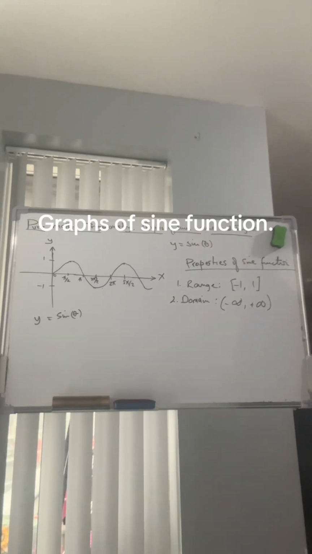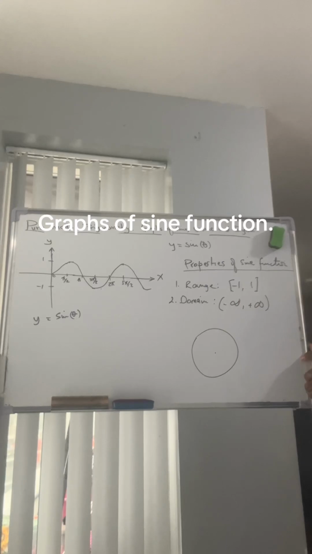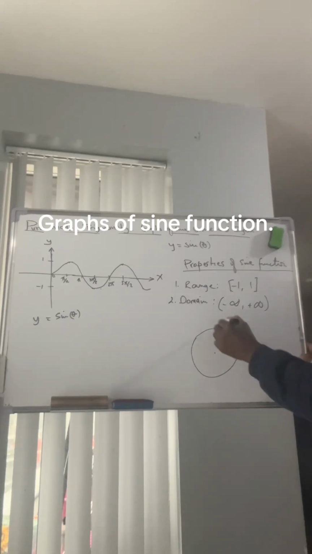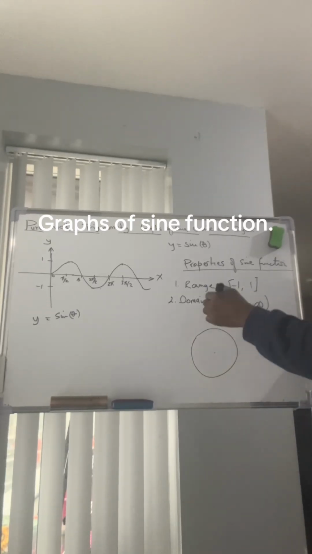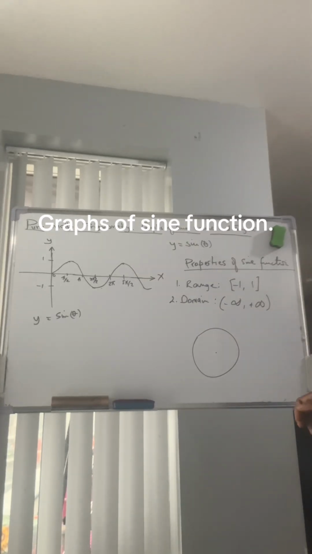And it has a period of 2 pi. What that means, if you draw a circle, one revolution of the circle is 360 degrees. That is what we mean when we say it has a period of 2 pi. This 360 degrees is equal to 2 pi. These two are the same. But mostly we use this symbol, pi.